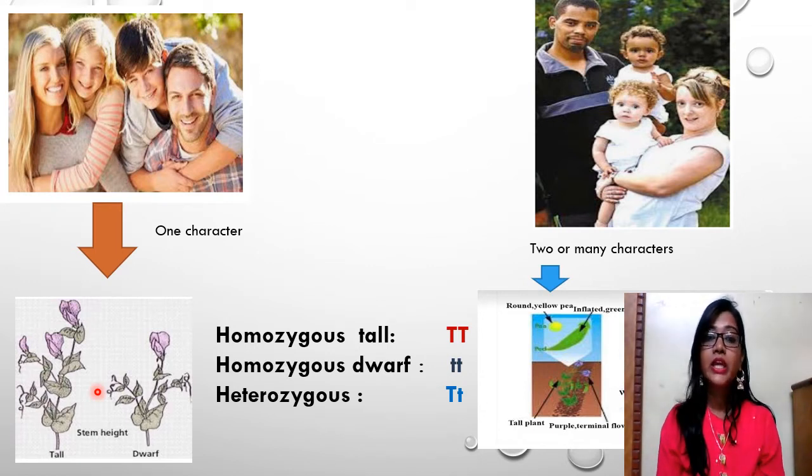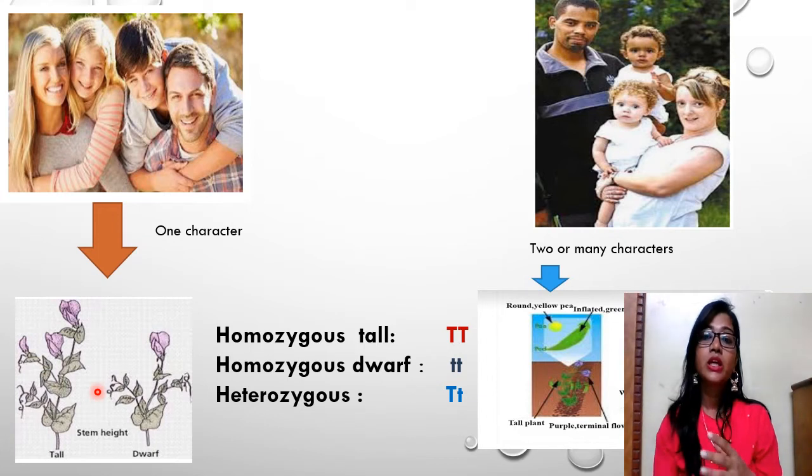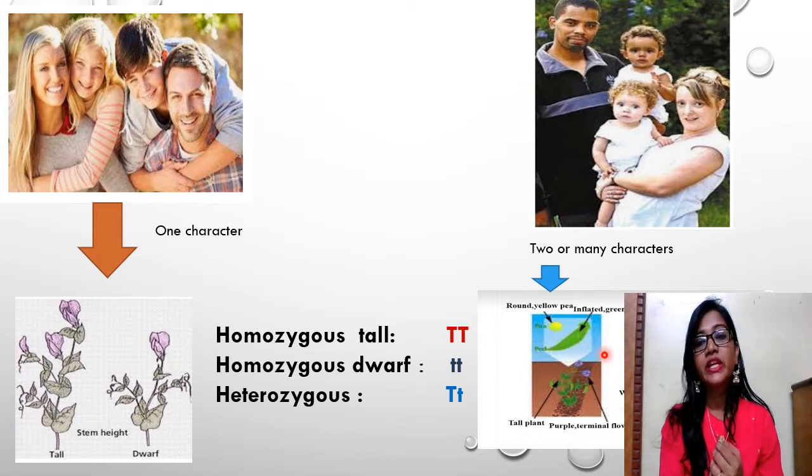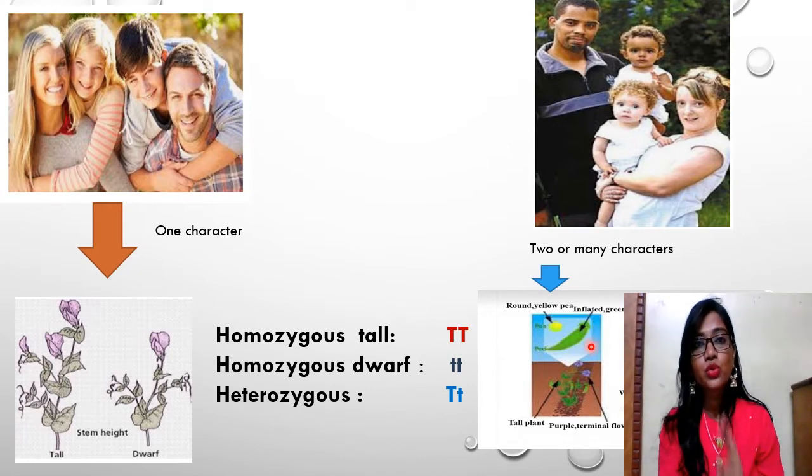When he moved further to the dihybrid cross, he considered two characters at a time. For example, he considered the round and yellow pea, and the green and wrinkled pea, so these two characters he observed at a time.